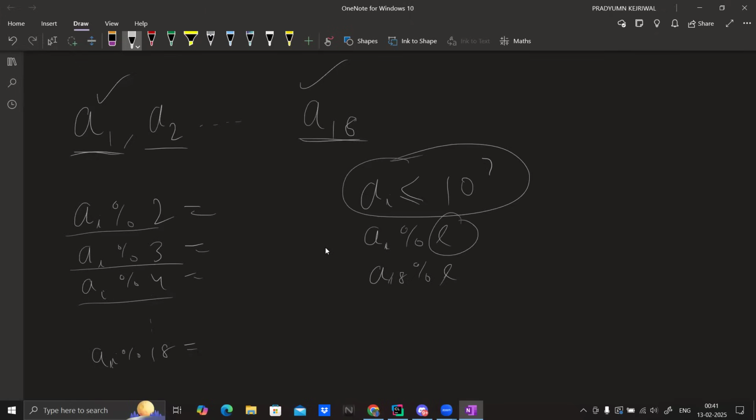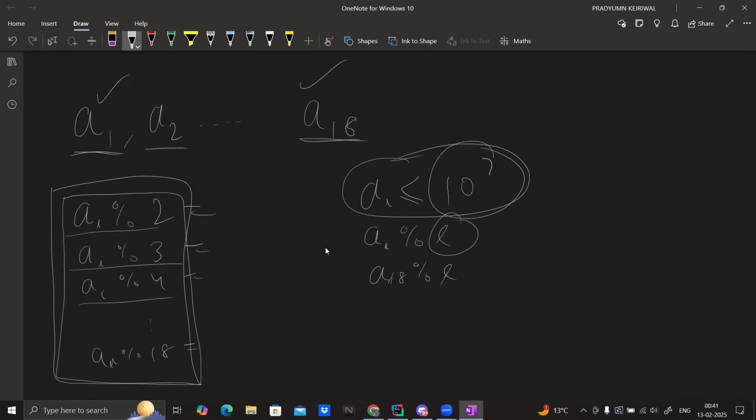Because all of these congruences cannot be simultaneously solved if AI is less than 10 to the power 7 and they are different. There is only one solution to these congruences for AI less than 10 to the power 7, or maybe there is not even one solution. That can also happen. So my point is that solving all of these congruences is actually very particular.